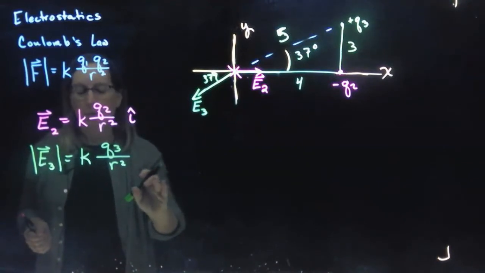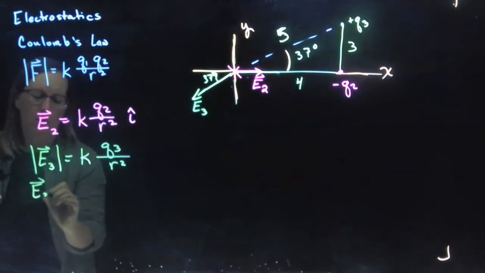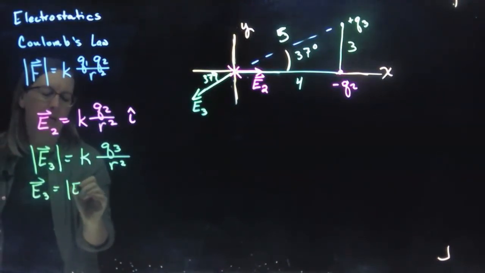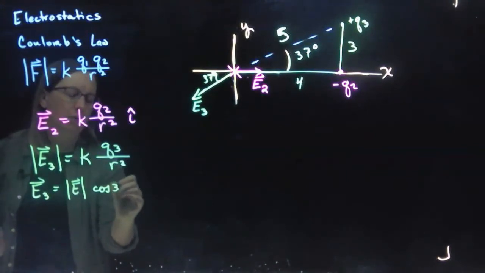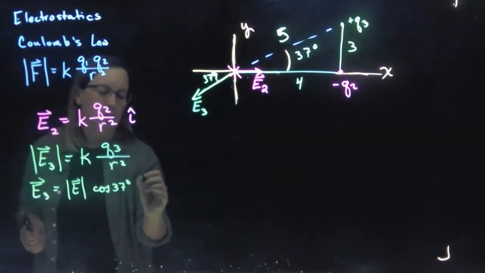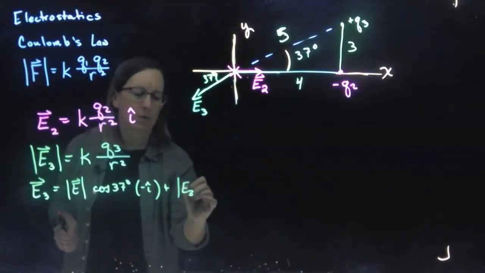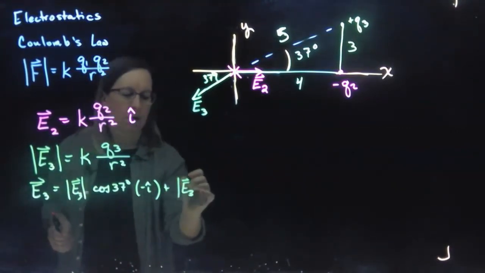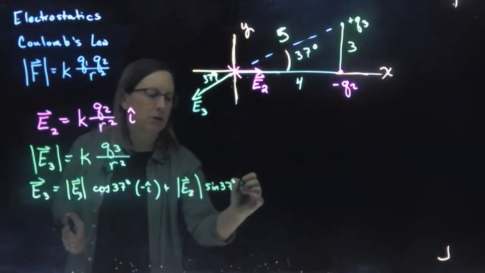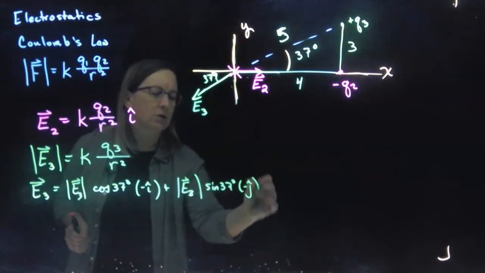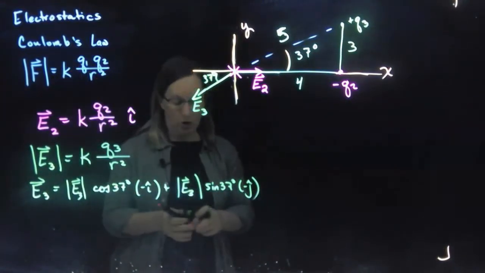And then it has components, right? E3 is equal to this magnitude times cosine of 37 degrees in the minus I hat direction plus E3 times the sine of 37 degrees in the minus J hat direction. So basically it's the same thing we did. We just got rid of our Q1.